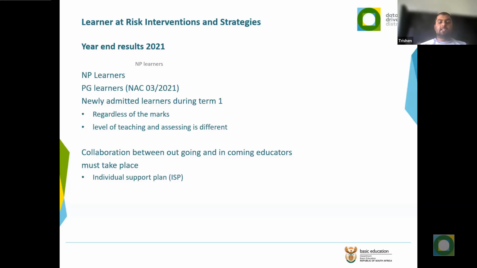So colleagues, the teachers from the previous grade and the new grade, depending on the subject that the learners are not meeting the requirements in or are struggling in, need to develop this individual support plan where they identify the gaps that were experienced by the learner in the previous year. Now, we are not robots. We are human beings.